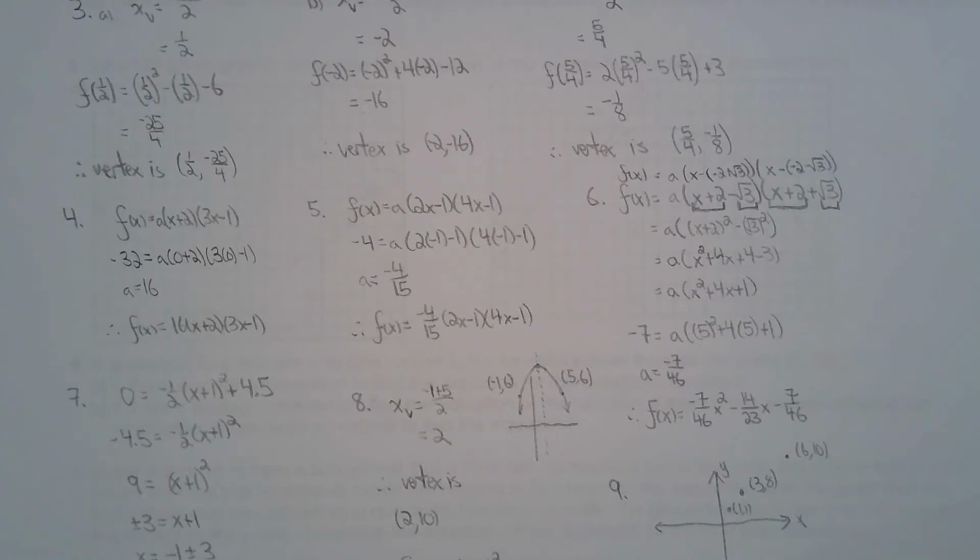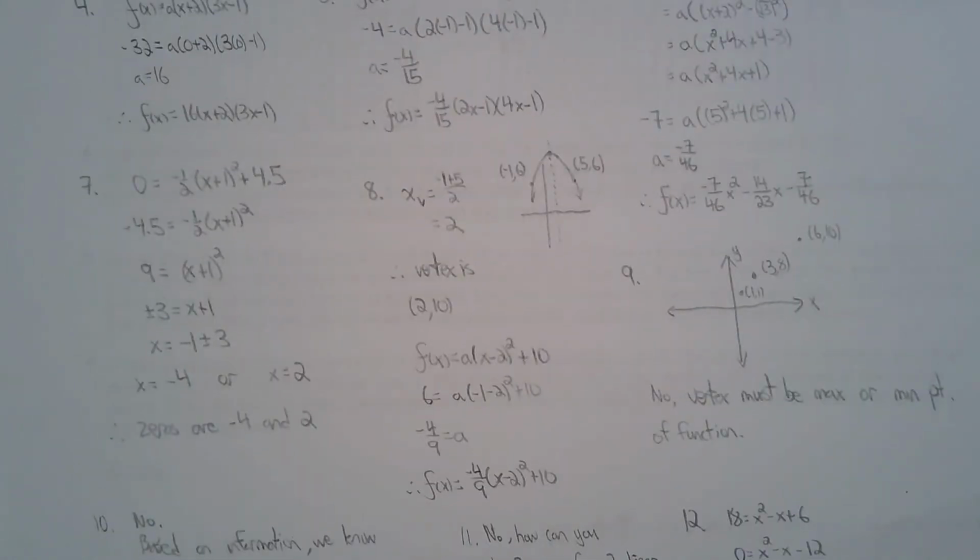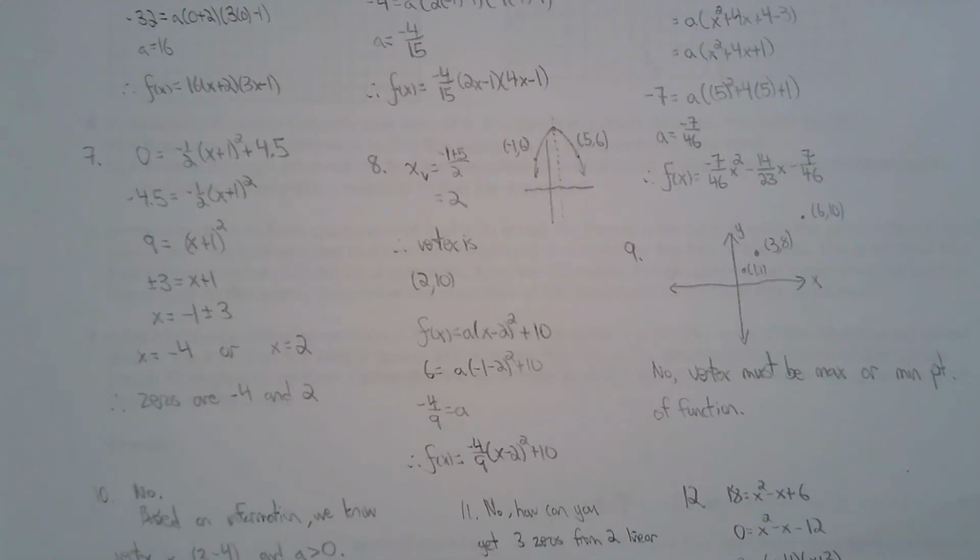For question 7, I have it in vertex form, and they want me to express the zeros. So I just rearranged it. But if you chose not to rearrange it, you can expand it and put it in standard form, and then factor, and you'll get the same answers.